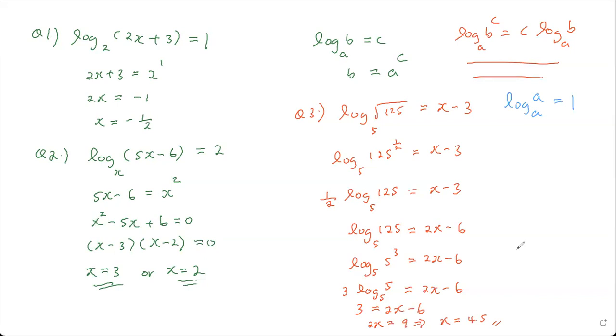Okay, let's try question 4. I think I will use a new page. Now this looks a little bit more complicated. We have a log within a log, ln e squared. Just take note that ln is actually log base e.